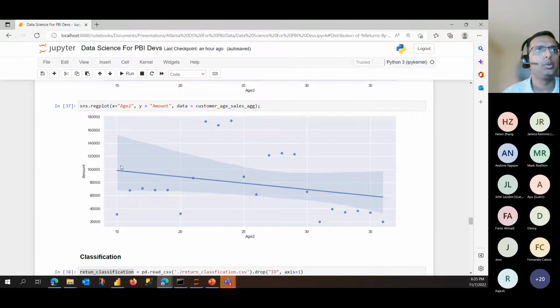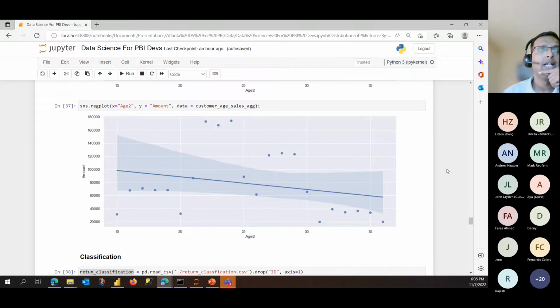What we want to do with regression, like I said, is first identify association, which is what happens to the overall amount as the age changes. And the answer is that as the age increases, the overall amount goes down.